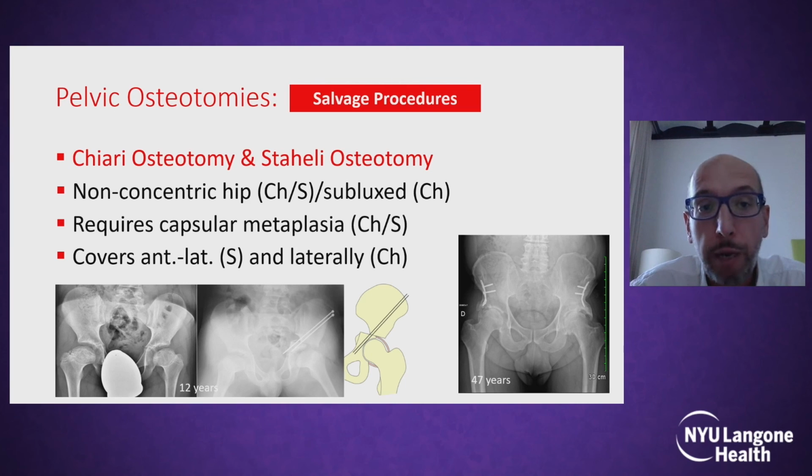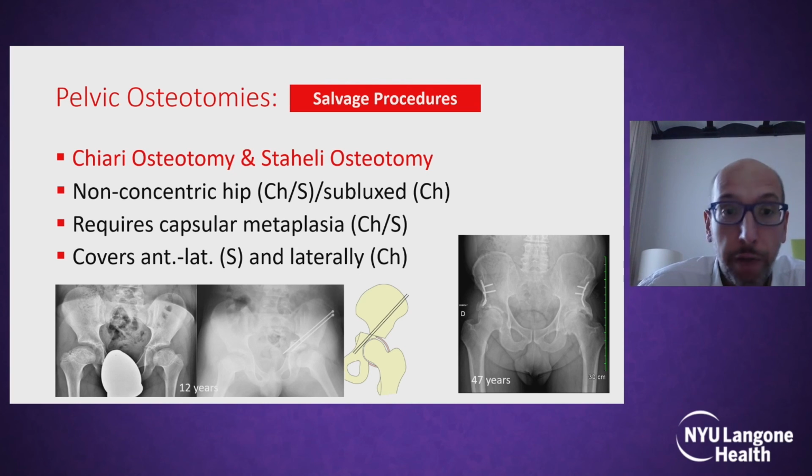Both techniques require capsular metaplasia, so your cut or your graft should be placed right on top of the capsule, and they provide slightly different correction. The acetabuloplasty can provide a more anterolateral coverage, whereas the Chiari osteotomy provides a true lateral coverage of a subluxated hip.